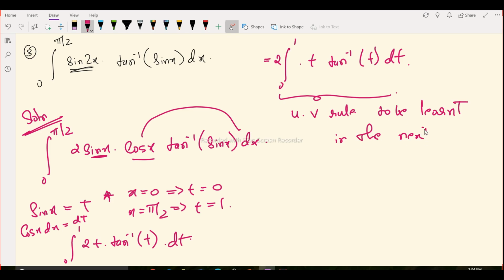The main part here for discussion was only substitution, how we substitute in definite integration. Once we substitute, we change the limits, and then it's normal integration where you integrate using any of the methods. And here it's the UV rule. In the next lecture we'll continue from here, use the UV rule and solve this question.